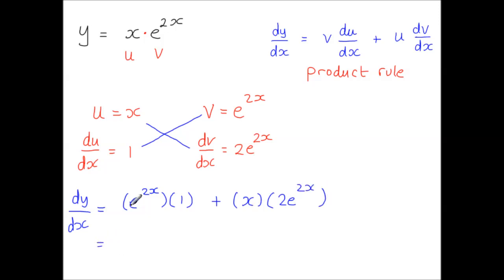So these two multiplied give e to the 2x, plus, and this will be 2x e to the 2x, and if you want to you can factorize this like this. It may be useful for something else. Okay, so that's the derivative of x times e to the 2x using the product rule.